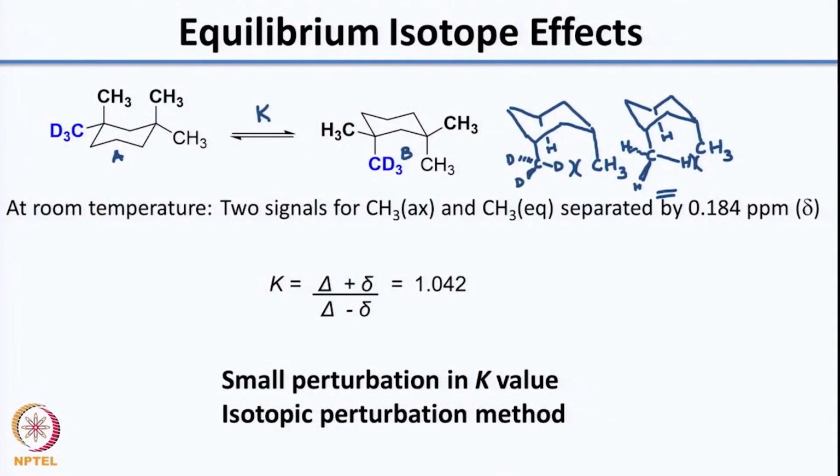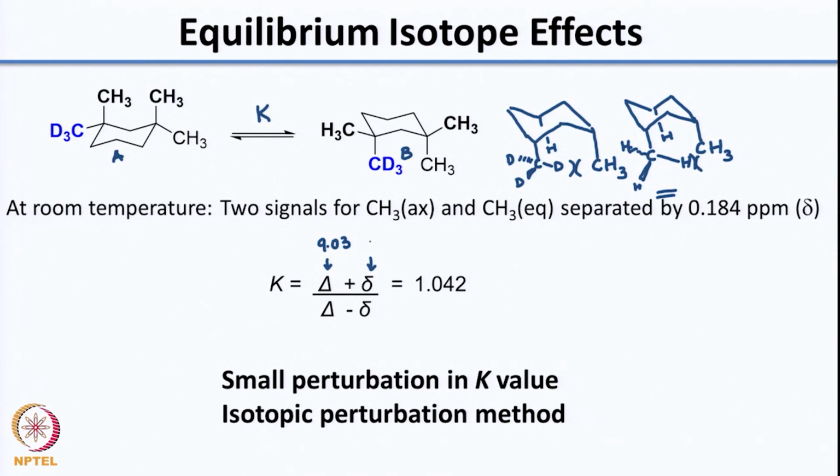Now, using an equation given by K is equal to (Δ + δ) divided by (Δ − δ). Here, big delta is given by the low temperature difference between the two, so this is 9.03 ppm, and small delta is, once you make the substitution, the shift in the equilibrium, that shift is what we are trying to see.